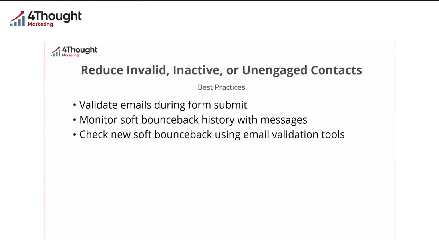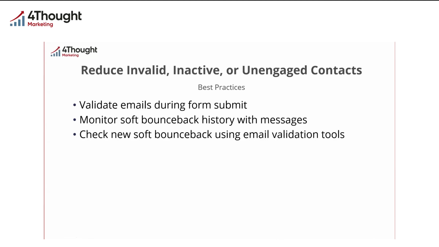One of the suggestions we received was from one of the viewers who said that when they do get new soft bounce backs, they use an email validation tool to recheck. So not only could they have validated during the form submit, but they're going to revalidate again because it's possible that the person has moved from that company.